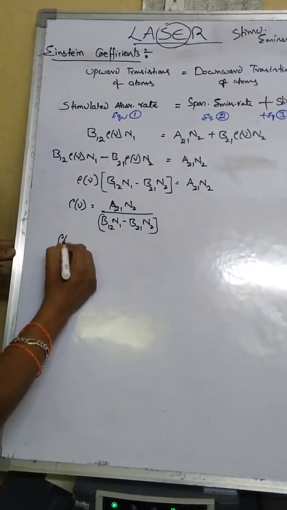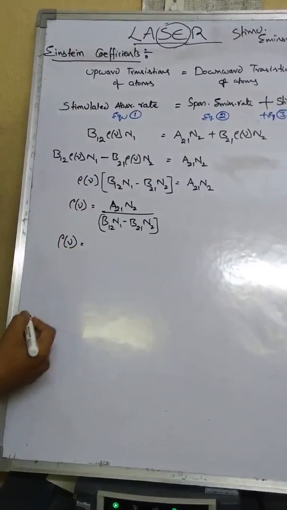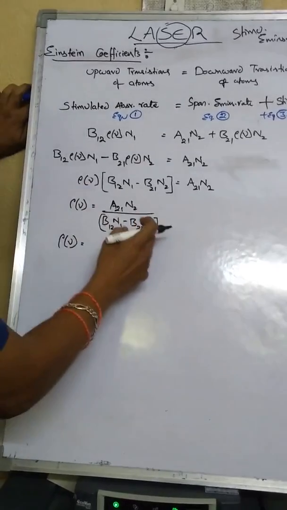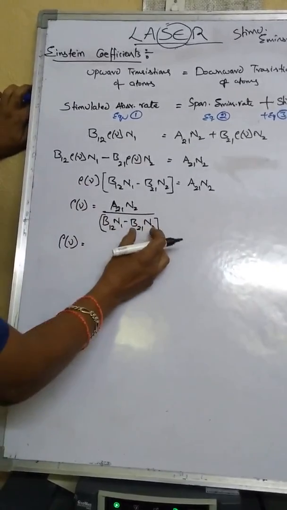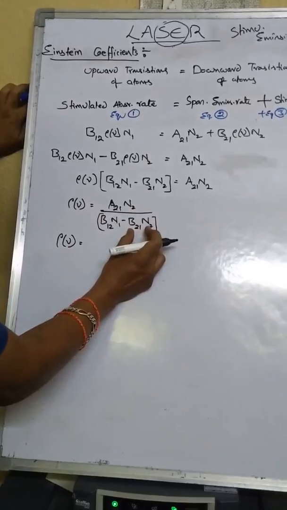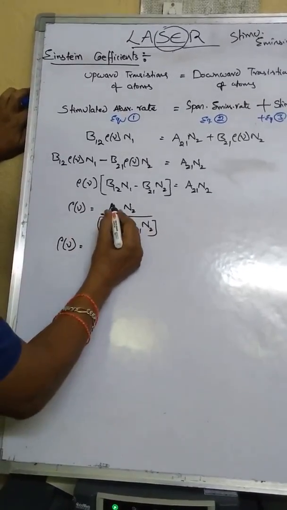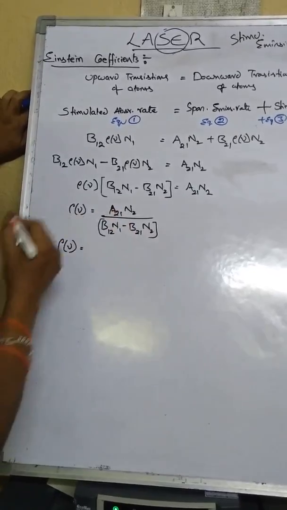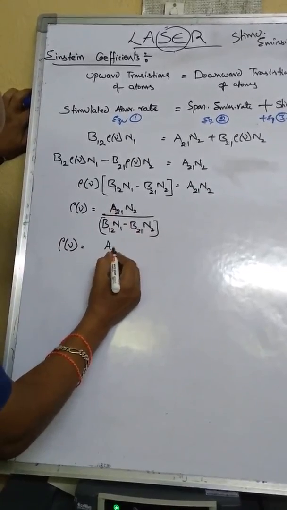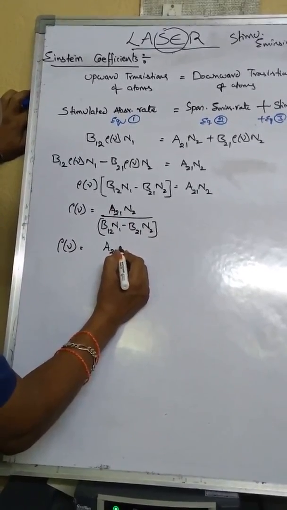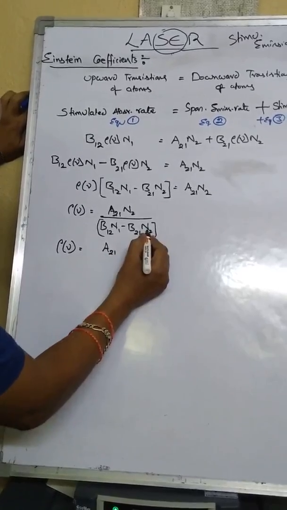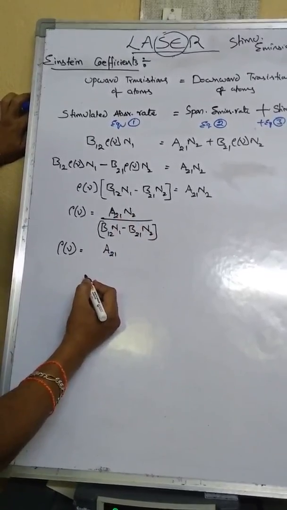Once again, rho nu is equal to A21 n2 divided by B12 n1 minus B21 n2. Now I will take B21 n2 as a common term and divide the numerator and the denominator. So what happens? n2 gets cancelled, right?